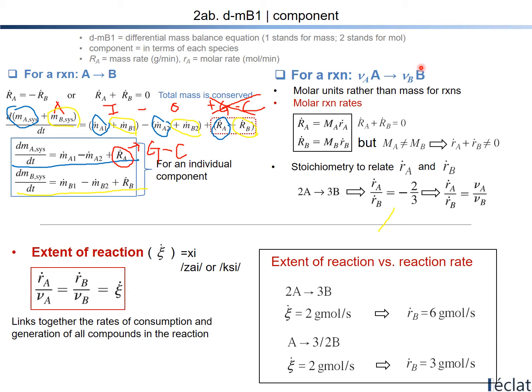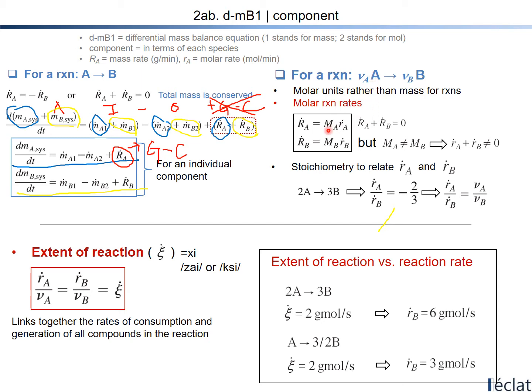Also, when you are thinking about reactions with stoichiometric coefficients, it is better to use molar units rather than mass for reactions. Why? Because the stoichiometric coefficient is a kind of moles.